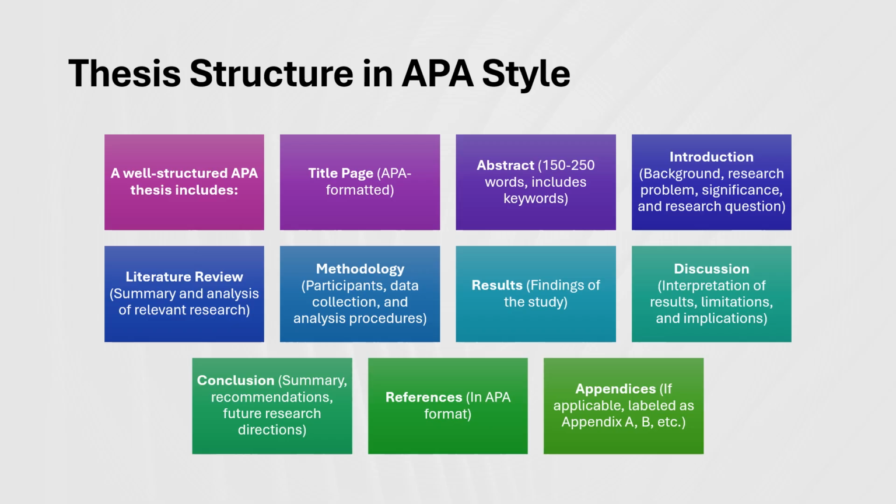The literature review situates your study within existing research, and the methodology explains how your study was conducted. The results present findings, the discussion interprets them, and the conclusion wraps up the study. Finally, references must be formatted according to APA guidelines, and any additional materials can be placed in appendices.